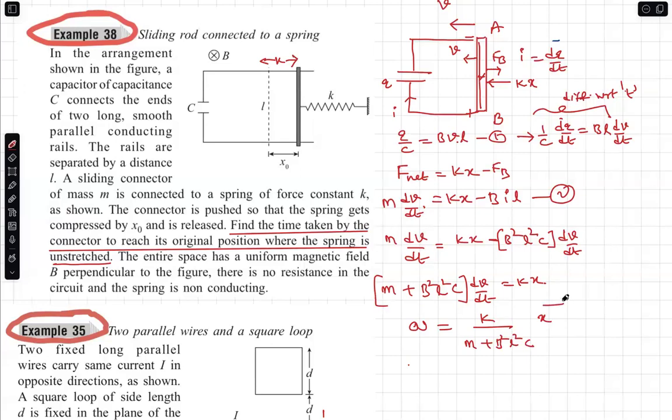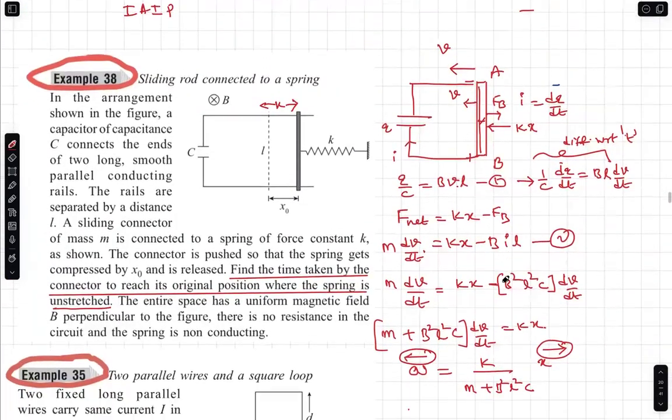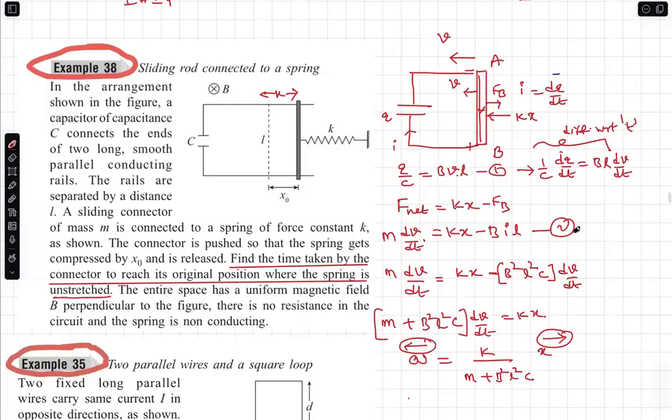Remember, you have displaced rightwards, acceleration is leftwards. They are opposite in sense. So obviously, the entire term will act as the omega term. So therefore, omega is k by m plus B square L square C.